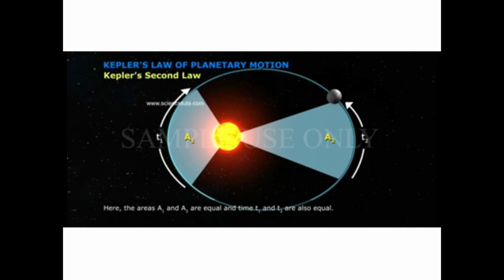Using the law of conservation of angular momentum, the law can be verified at any point of time. The angular momentum can be given as L = m r² ω.